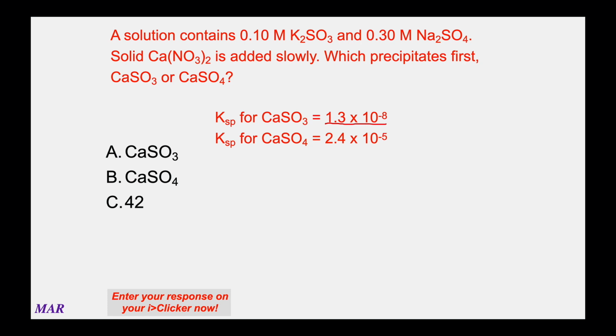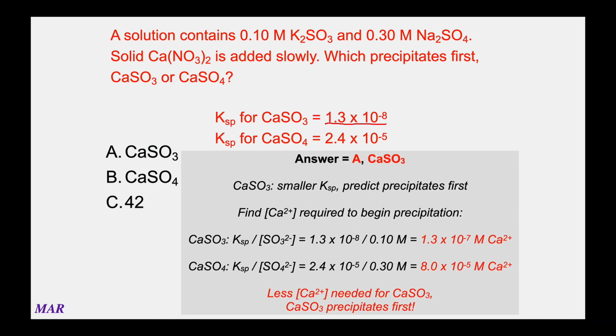And that's already pretty small compared to 2.4 times 10 to the minus 5. So in this problem, because the Ksp for calcium sulfite is so much smaller, I would argue that the calcium sulfite will precipitate first.